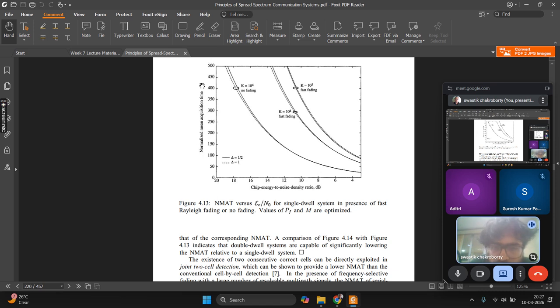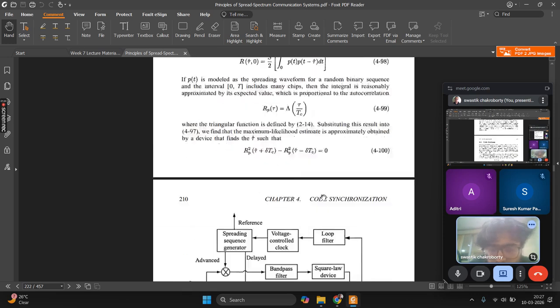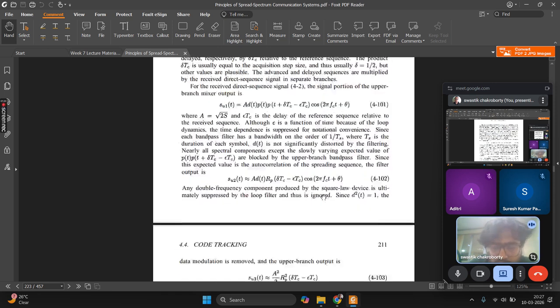As the Eb/N0 increases, your acquisition time reduces because there is less noise-related confusion, so you can lock on faster and more accurately.